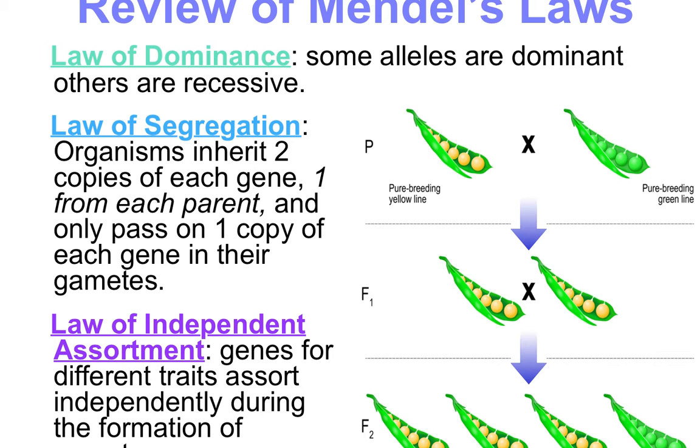And then the law of segregation stated that organisms inherit 2 copies of each gene, one from each parent, and only one passes on 1 copy of each gene to their gametes, to their sex cells that will become offspring. And the law of independent assortment says that genes for different traits assort independently during the formation of gametes, causing an even more randomization of eligible offspring.